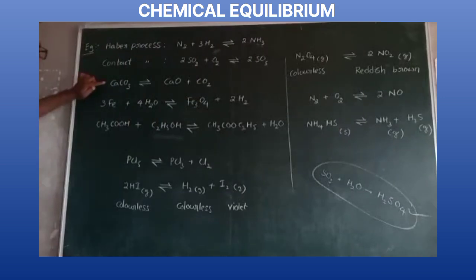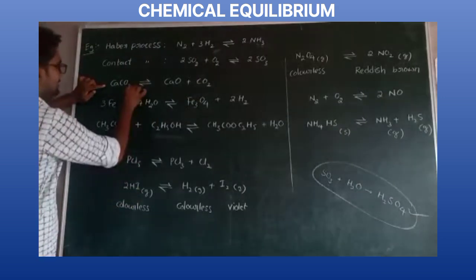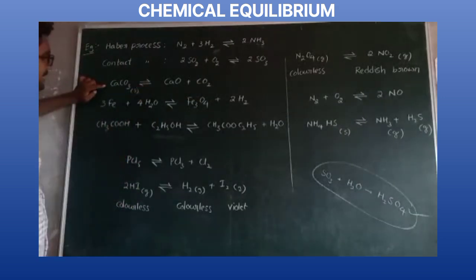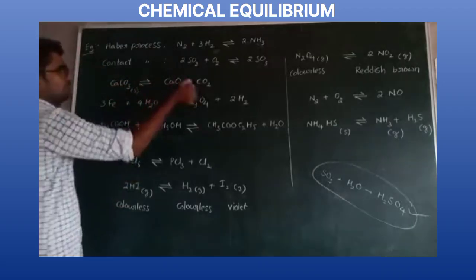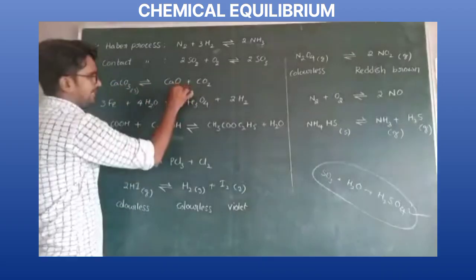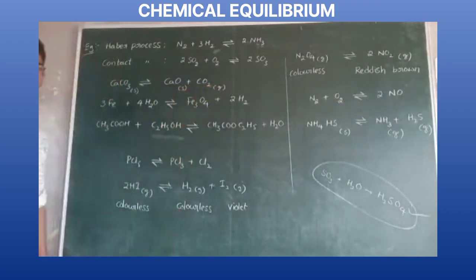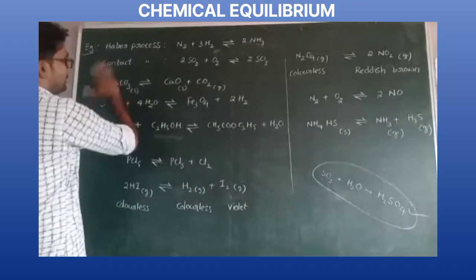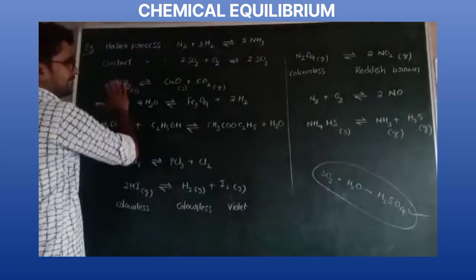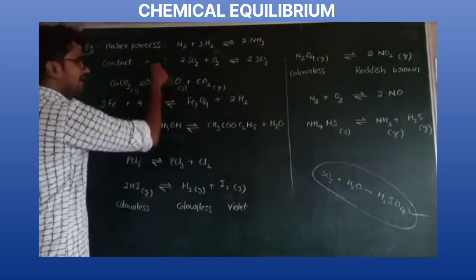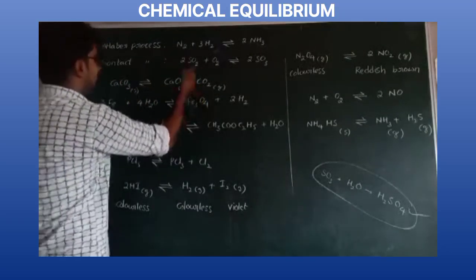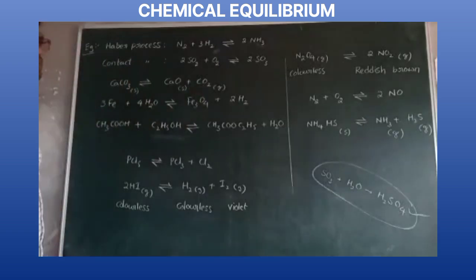Next, third one, calcium carbonate. Actually, this is present in solid state. If you heat this solid, it dissociates to calcium oxide, solid, and gaseous carbon dioxide. And the reverse also takes place. This calcium oxide again reacts with carbon dioxide and is converted to calcium carbonate.